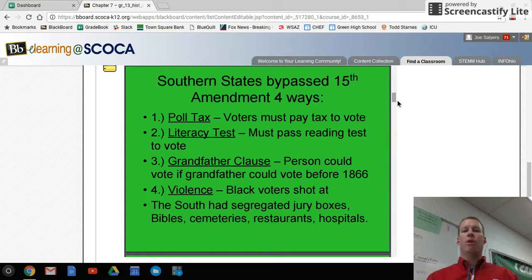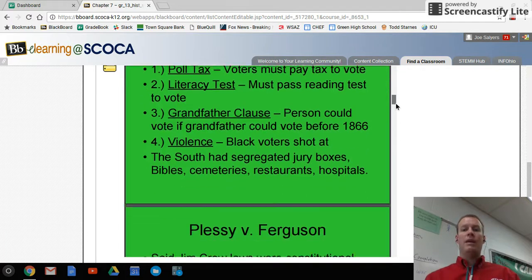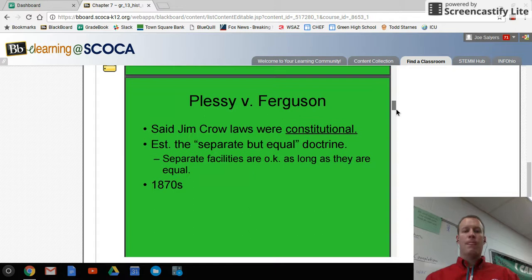So this was intended to keep all African Americans from voting. And finally, we had violence. Groups such as the KKK would stand at polling places and threaten blacks that would try to vote. The South was so segregated that they had segregated jury boxes, Bibles to swear the oath on when you were about to testify in court, cemeteries, restaurants, and hospitals. This seems unbelievable to us today, but it was the reality to those living during that time.